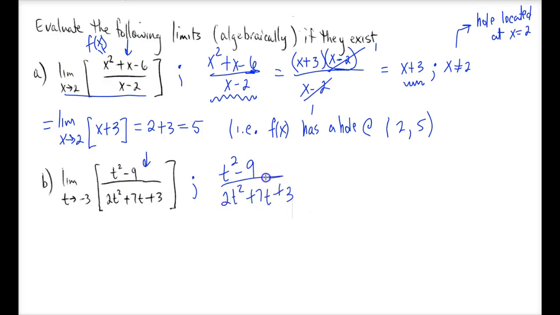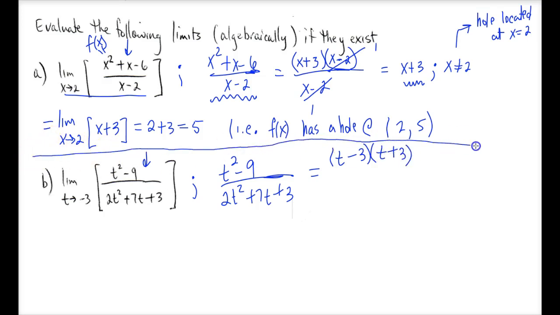All right, so for here, we know that the numerator factors into t minus 3 times t plus 3. And the denominator will factor out. I have 2t here and t there.